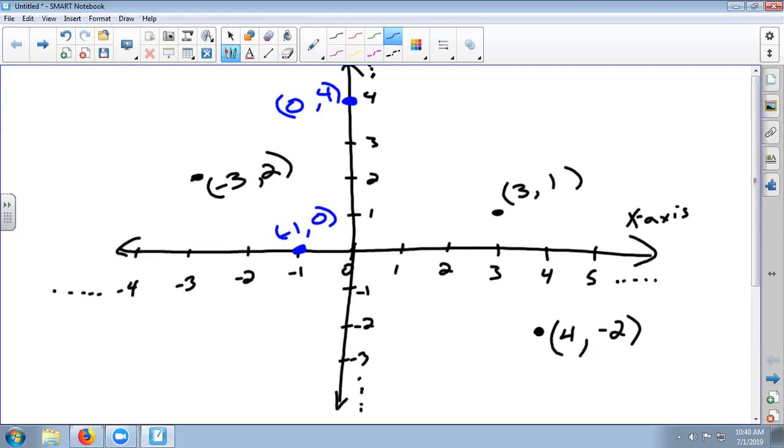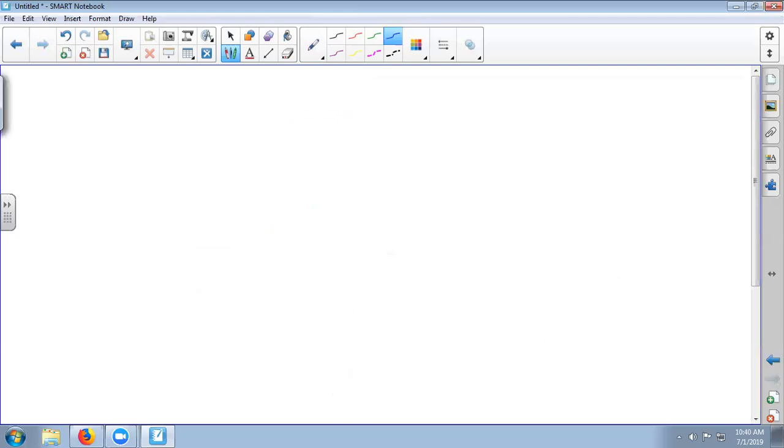Okay. All these points, these ordered pairs, are not only points on a graph, they can be the solutions to equations.